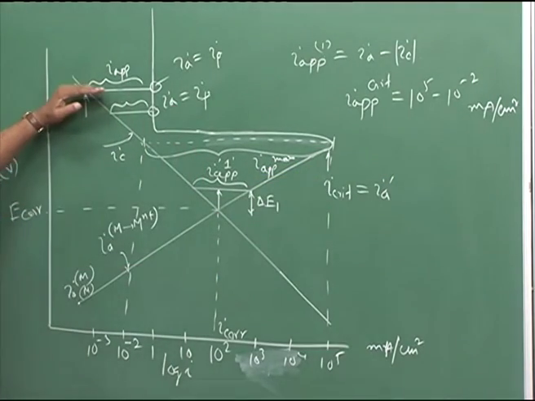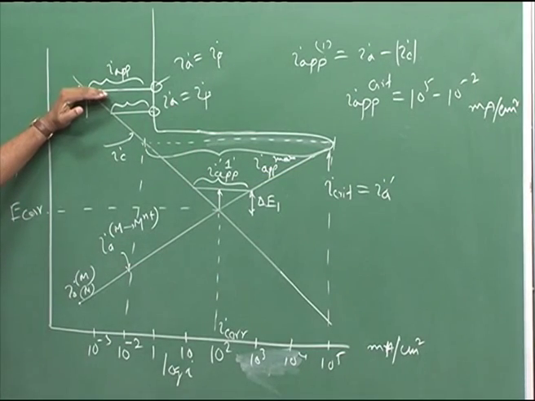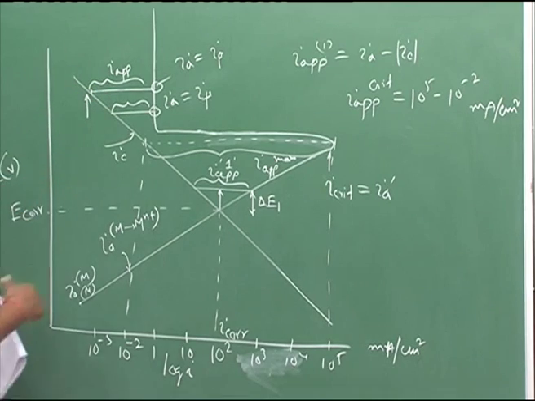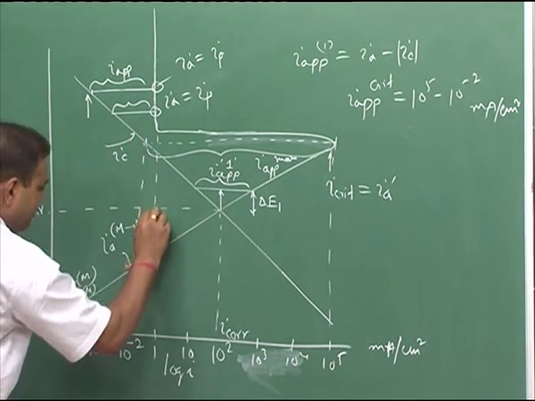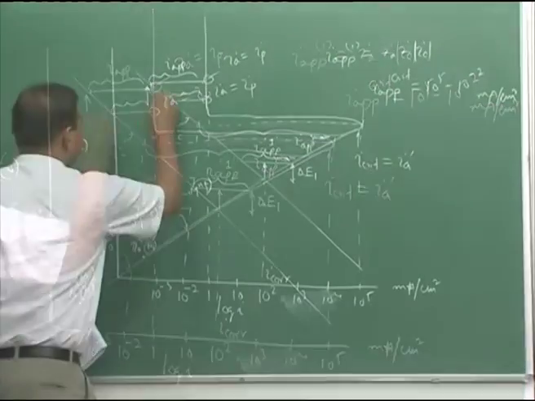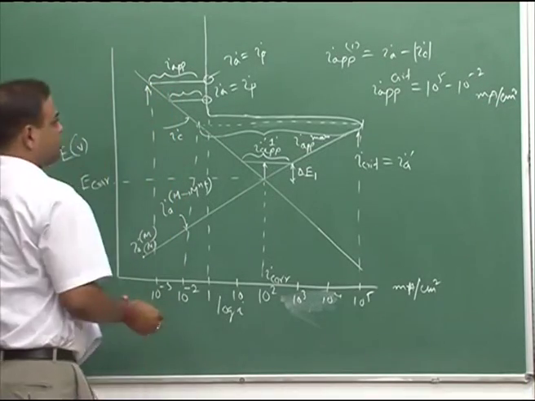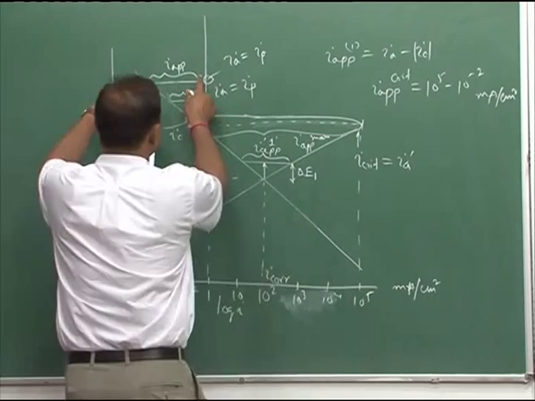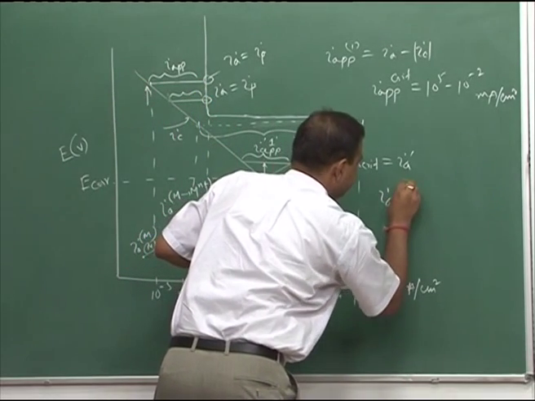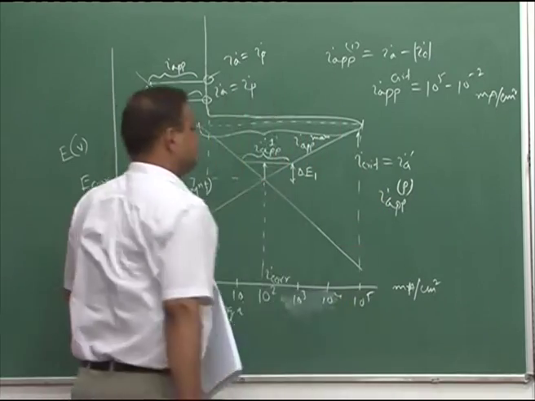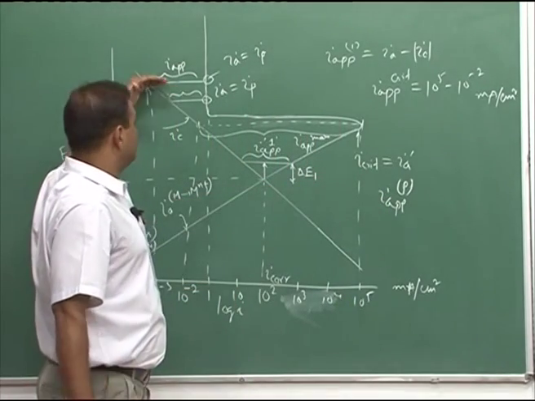Now, if I go there, what could be my current density? Applied current density, I need to send this value corresponding to 1 and this value corresponds to 10 to the minus 3. So, at this point let us say I put P, that means the I applied in the passive zone.